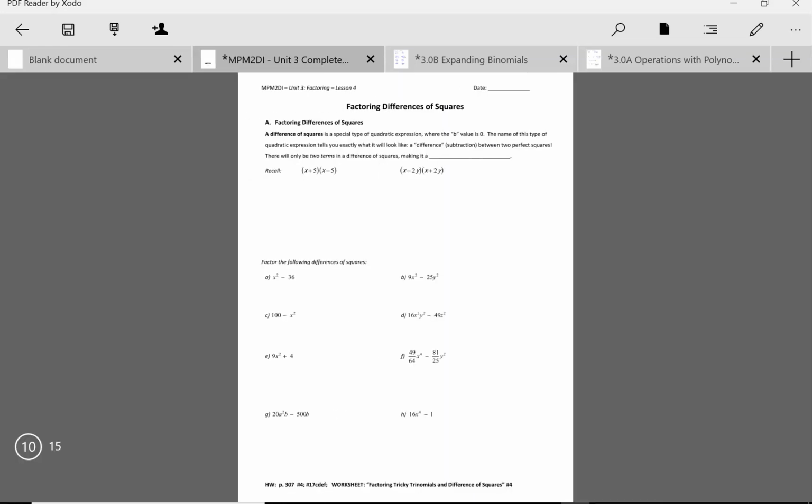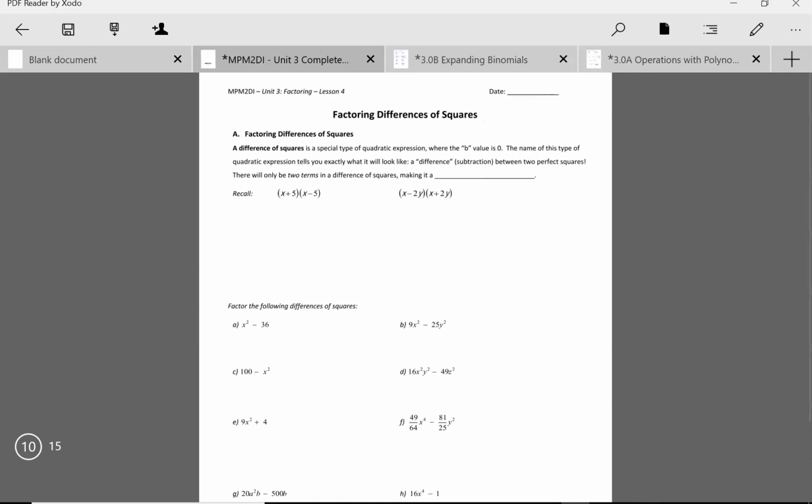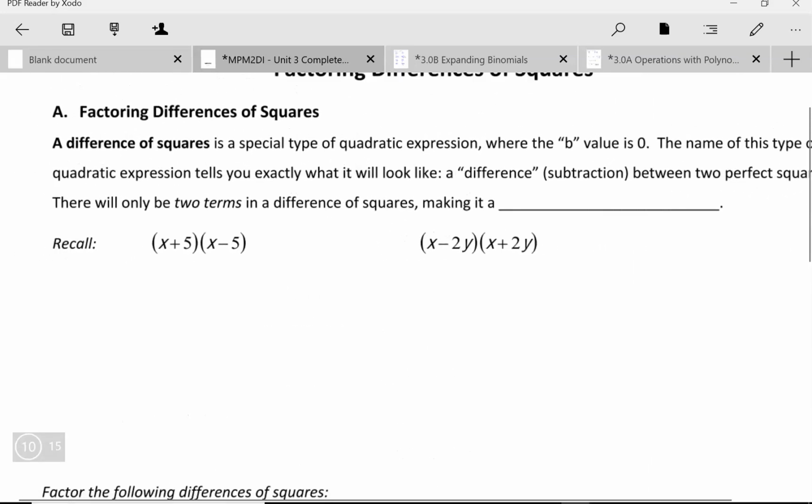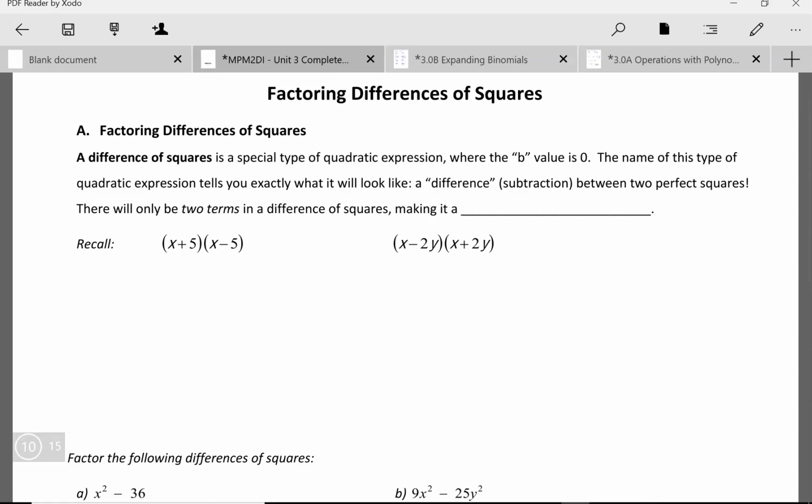So before we begin in earnest, we are going to first complete lesson 4, which is factoring differences of squares. Now, this is something that trips people up even if they get to grade 11. This is probably one of the easiest factoring you will do, but it's also one of the hardest to spot, because most people just miss it in the end.